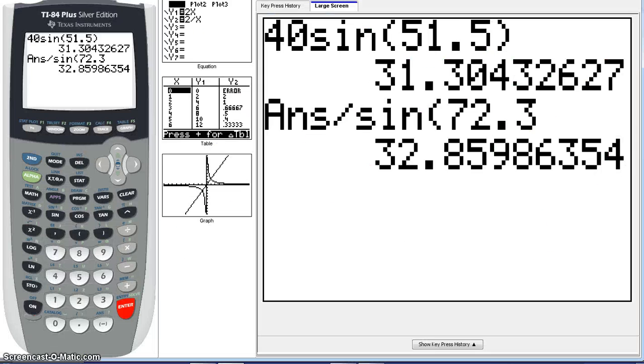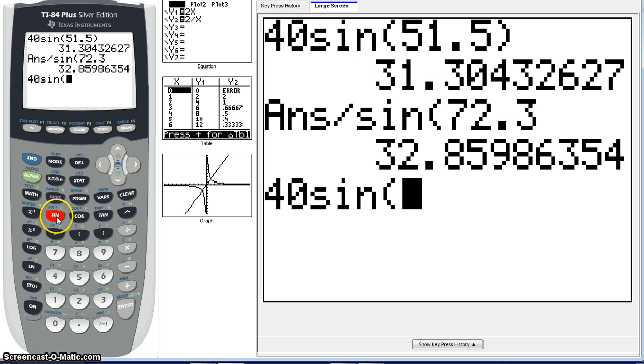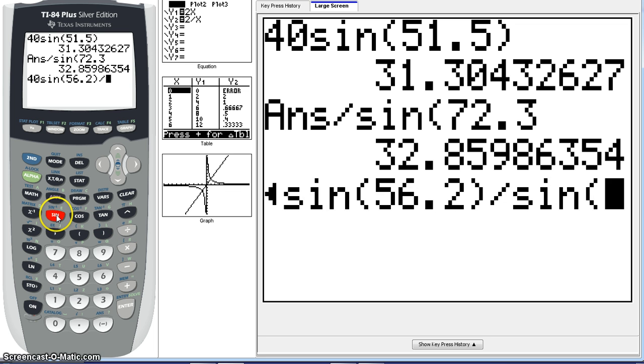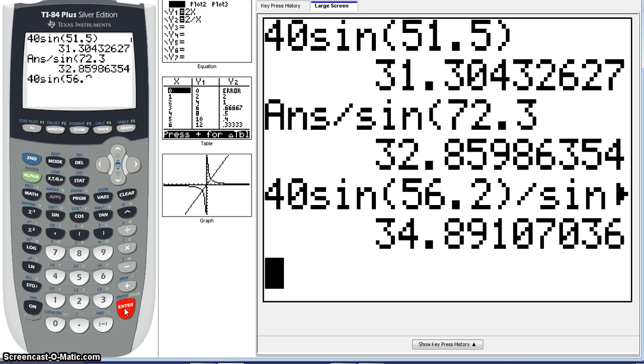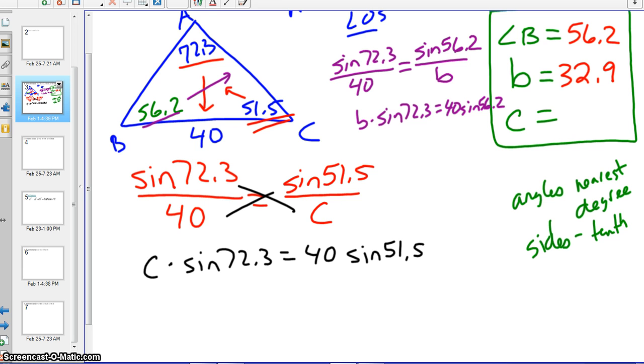So we're going to type in 40 times the sine of 56.2, and make sure we close the parentheses if you're going to divide all of it at the same time, and divide that by sine of 72.3. We get 34.89, which we can round to 34.9. So now we have solved the triangle, we found the missing sides.